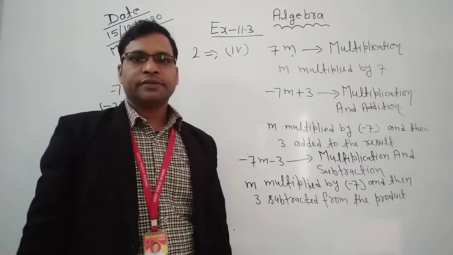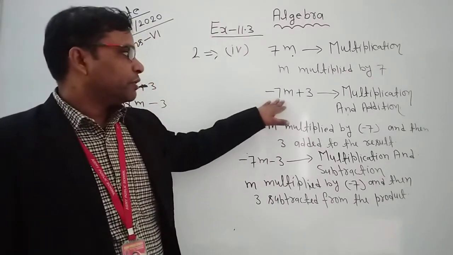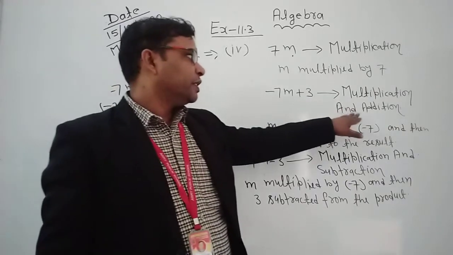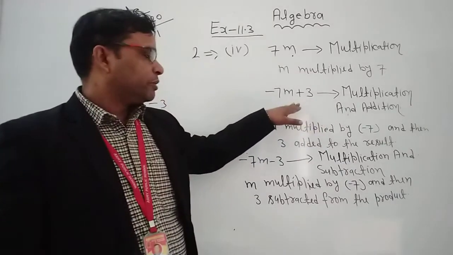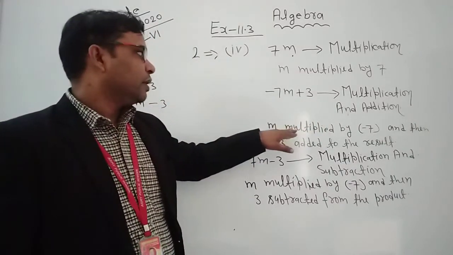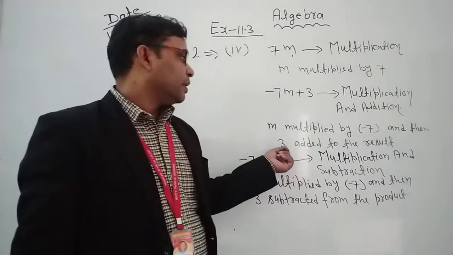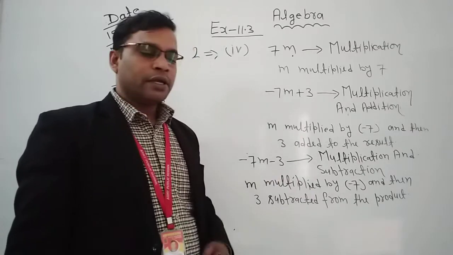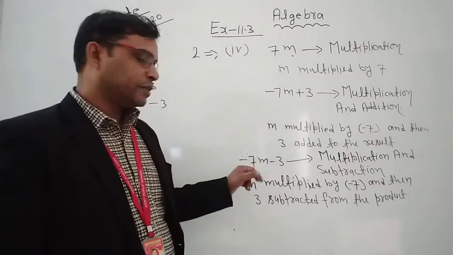Now in the expression minus 7m plus 3, multiplication and addition are used, and m is multiplied by minus 7 and 3 is added to the result.